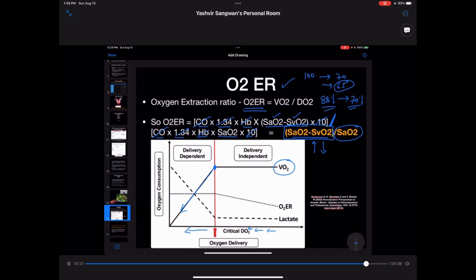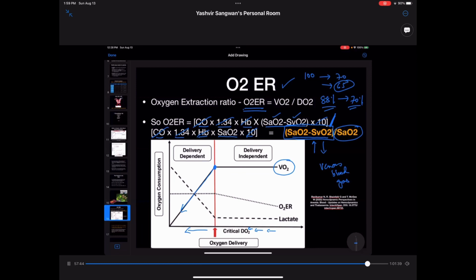And once I think that I have optimized my delivery of oxygen, I look at the venous blood gas, especially drawn from a central vein.